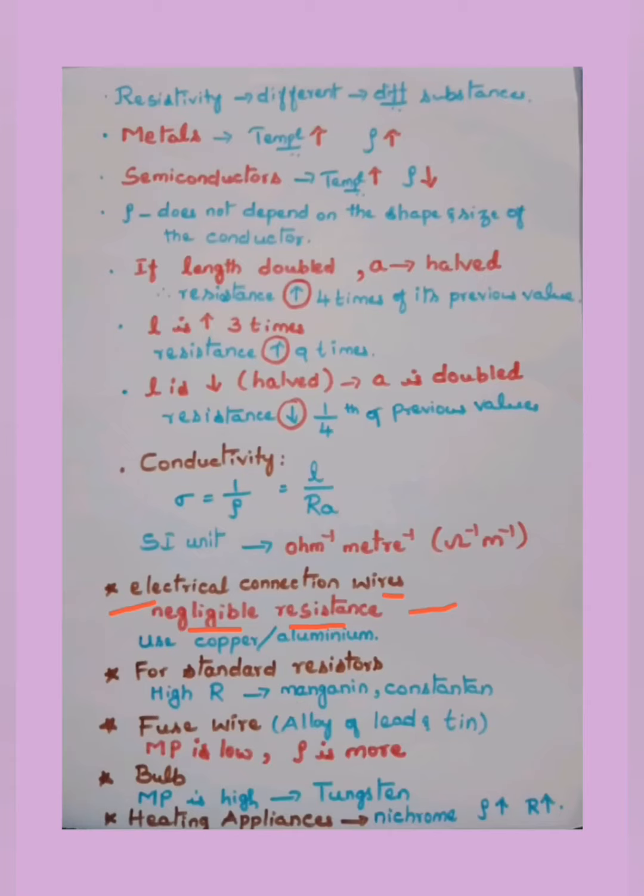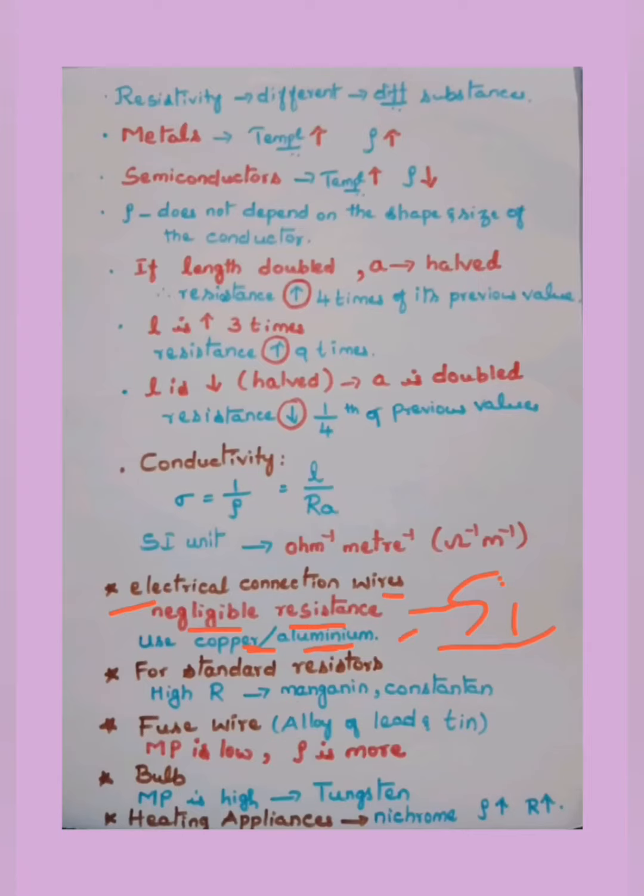Especially we can use copper and aluminium metals, whose specific resistance is very small. Of course, when we compare this with silver, silver's specific resistance is less, but it is of high cost. We cannot use silver wires for conducting electricity, right? So we use cheaper materials of negligible specific resistance.